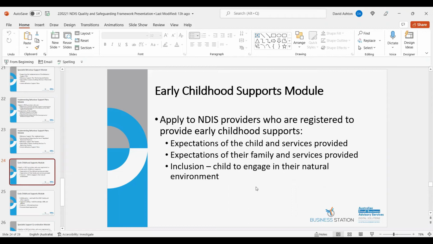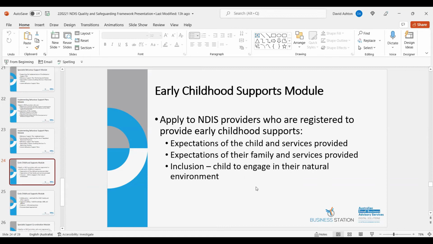To achieve this, the auditor is going to look for the following indicators: knowledge and understanding of each participant's legal and human rights, implementation of practices and procedures to manage risk, compliance with all relevant state legislation, and facilitation of active involvement of the participant support network. Participant support network means family, legal guardian, anyone else that is legally entitled to have input into the child's welfare in this regard.